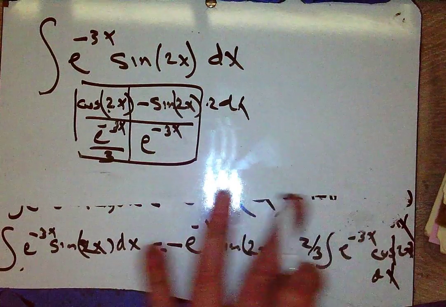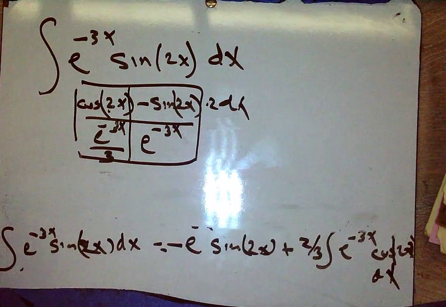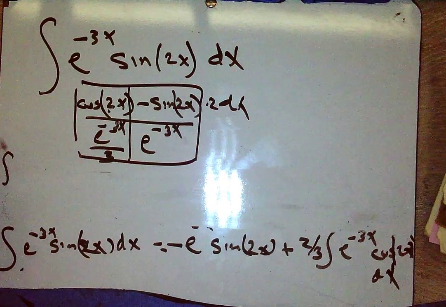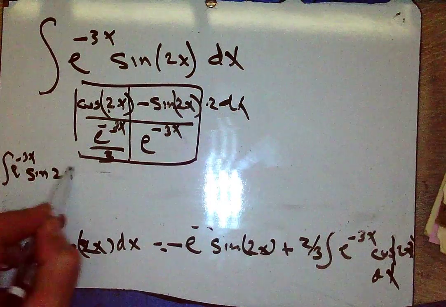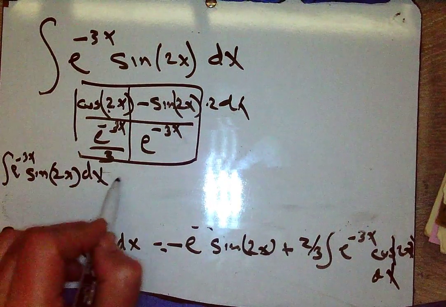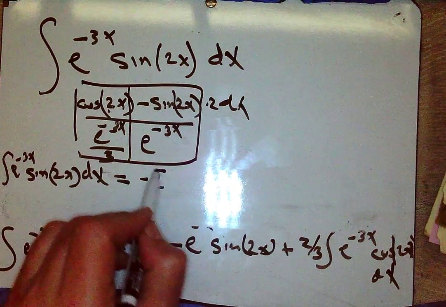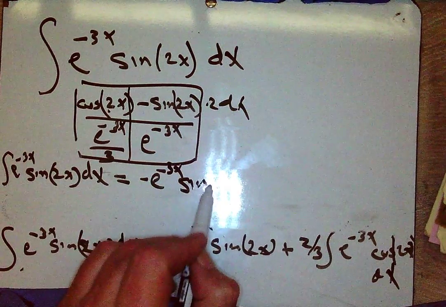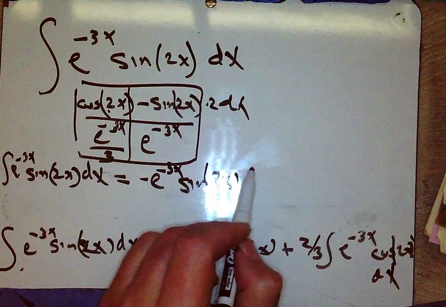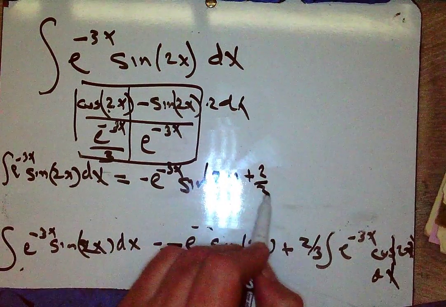All right, so where does that take us? Well, the integral of e to the minus 3x sine 2x dx equals negative e to the negative 3x sine 2x plus 2 thirds.